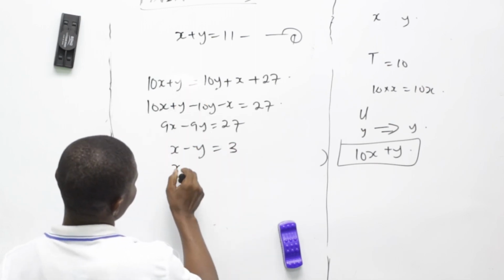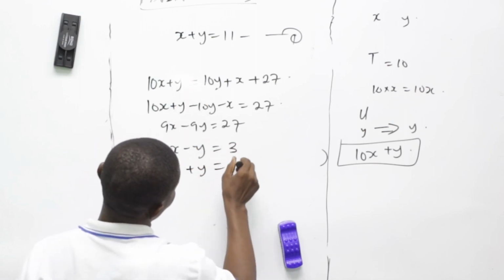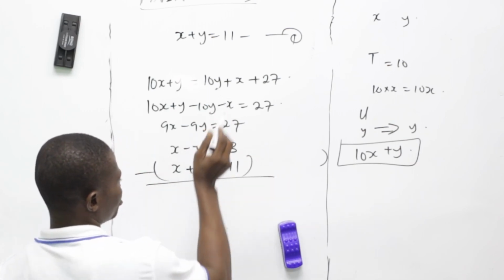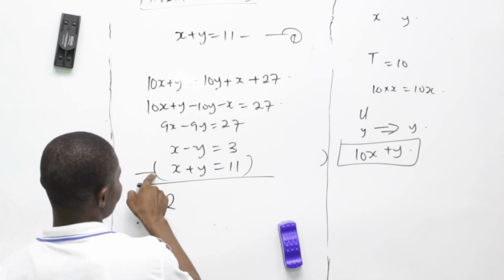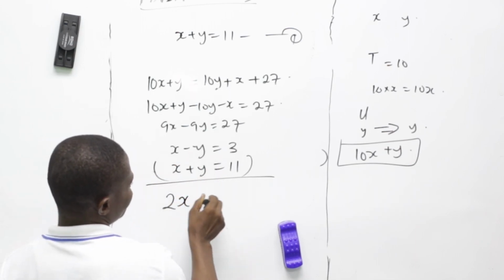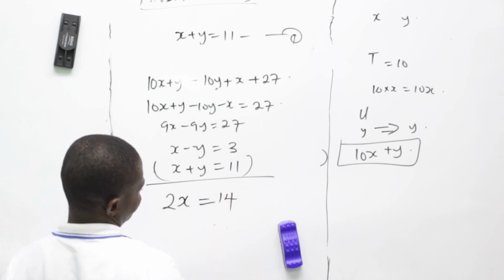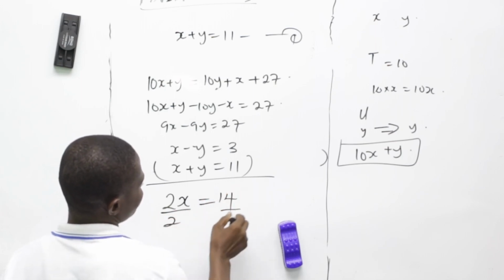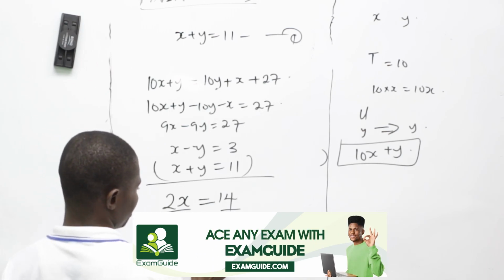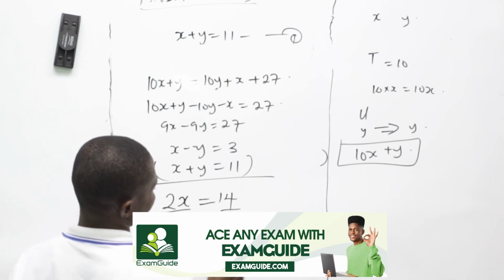Bring down equation 1, x plus y equals 11. Summing it up by elimination method, we already have this. We don't need to introduce minus because this sign is balancing this. This is 2x, then equals 14. So that 2x, dividing both sides by 2 will leave us with x being equal to what? 7.